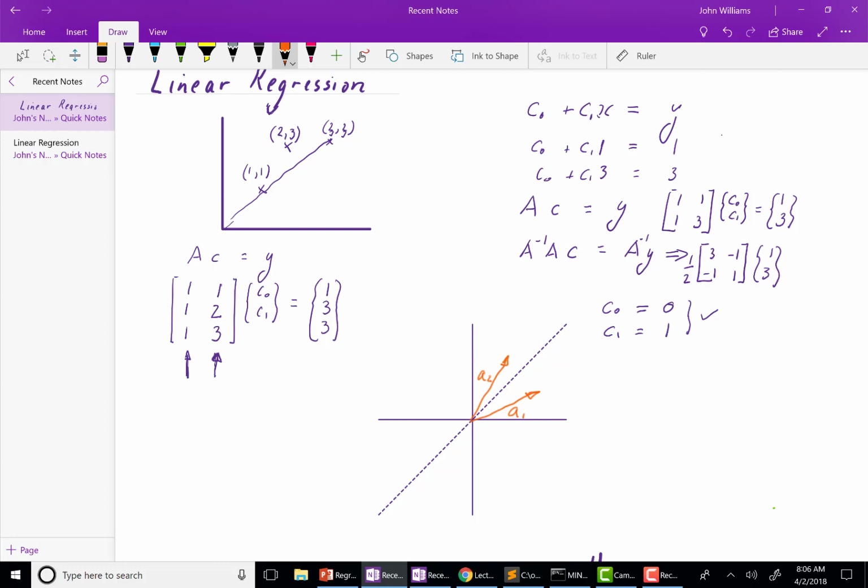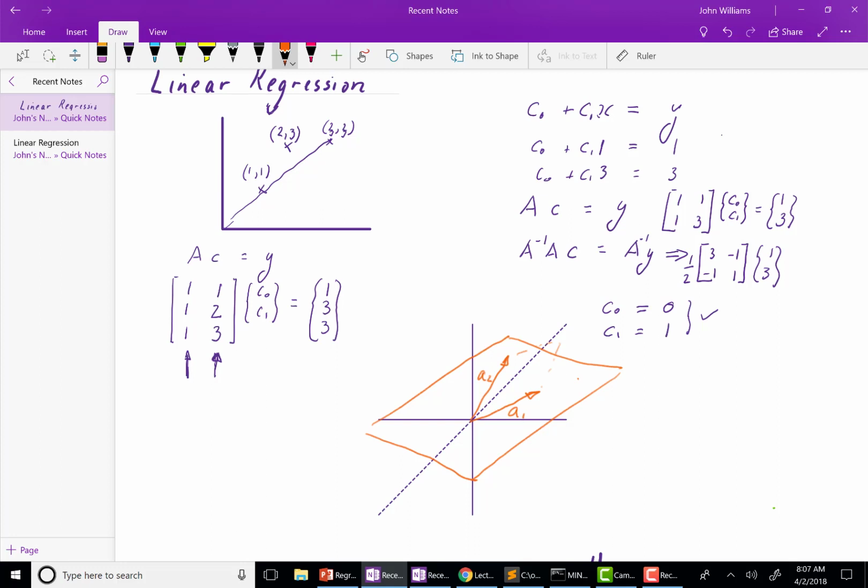So A1 times C0 plus A2 times C1 gets us to some new point in the plane. So in general, this determines some kind of plane in 3D space.